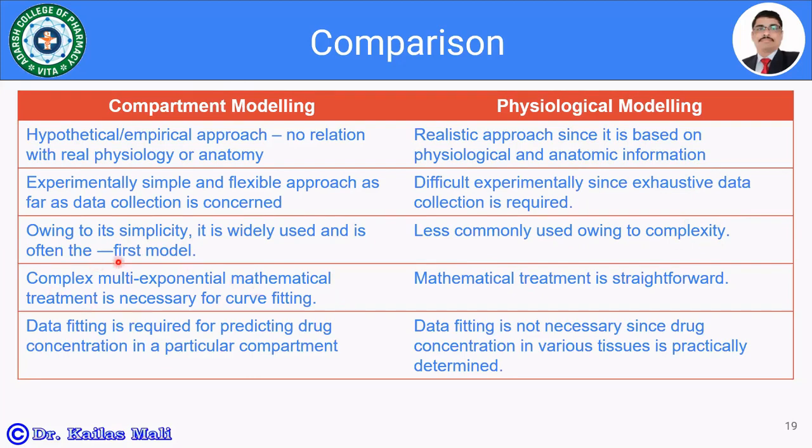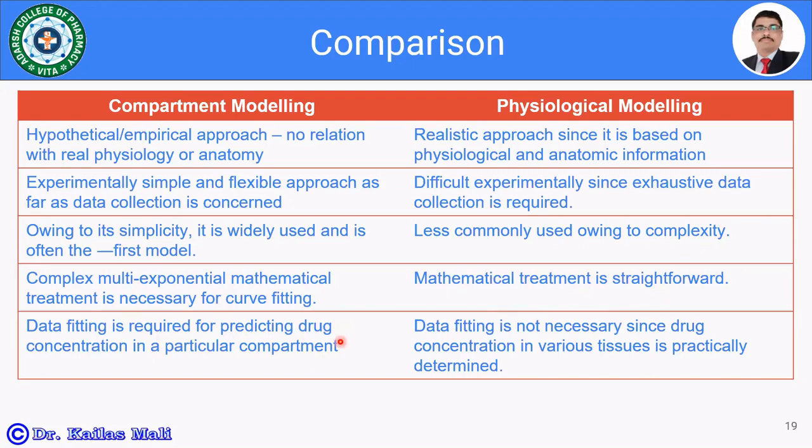In the case of compartment modeling, complex multi-exponential mathematical treatment is necessary for curve fitting. In the case of physiological modeling, whatever the mathematical treatment is, it is straightforward. In compartment modeling, data fitting is required for predicting the drug concentration in a particular compartment. That is a linearization of data.